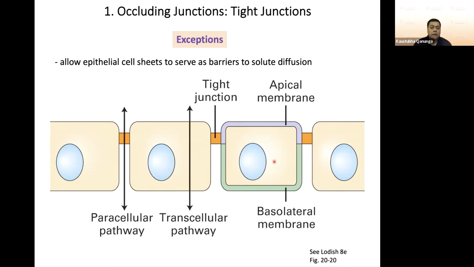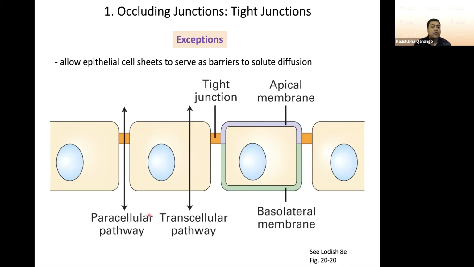Most molecules are transported by the transcellular pathway. The material from here will move in here and move there, or material from here moves in here and moves there. This is the normal way, but there are a few exceptions.